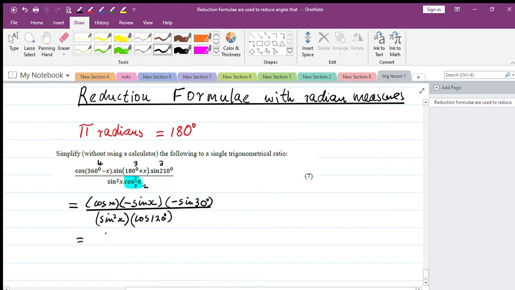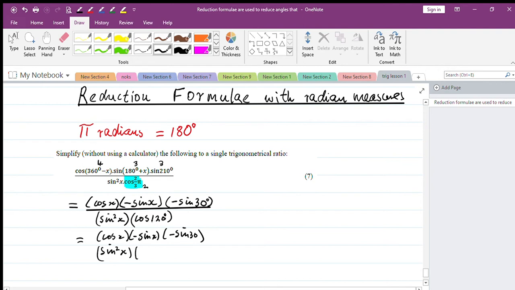So let's quickly do that. We've got cos x multiplied by negative sine x multiplied by negative sine 30, all over sine squared x multiplied by, we said 120 is the second quadrant, and how do we get to 120?